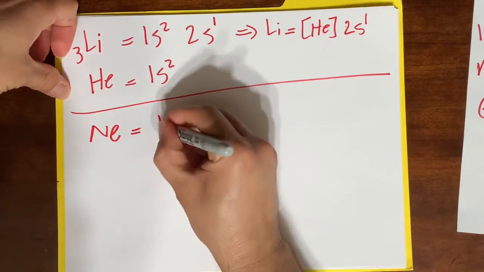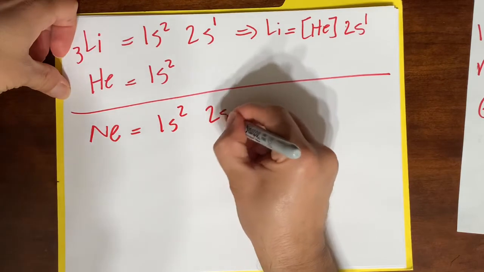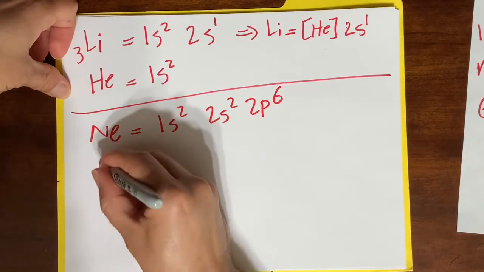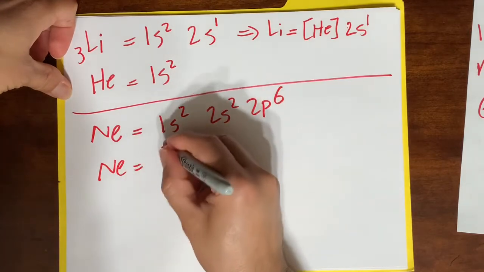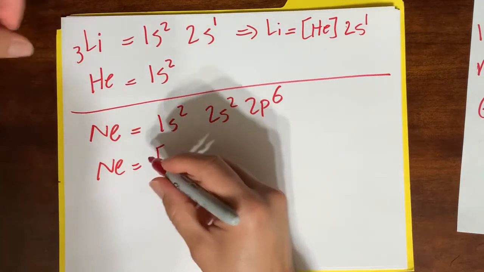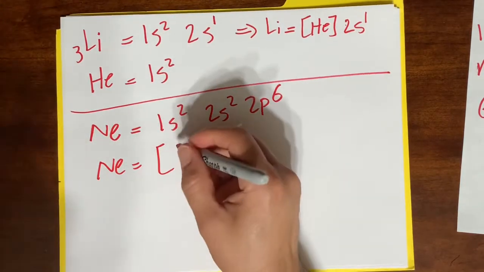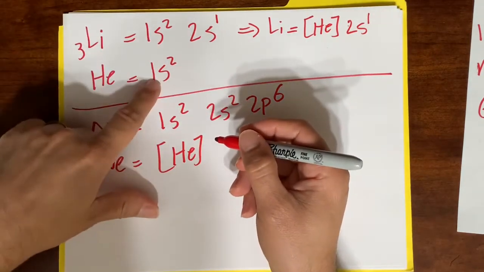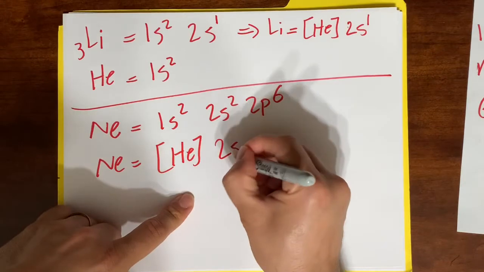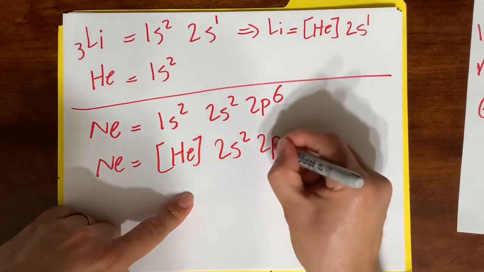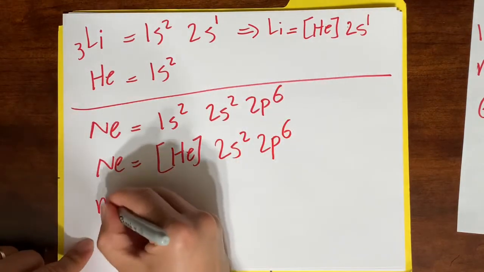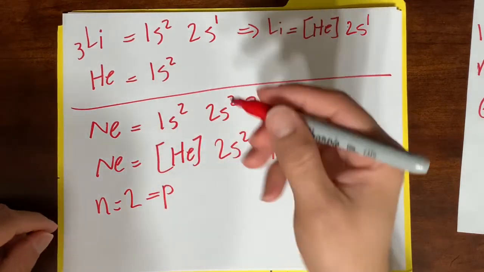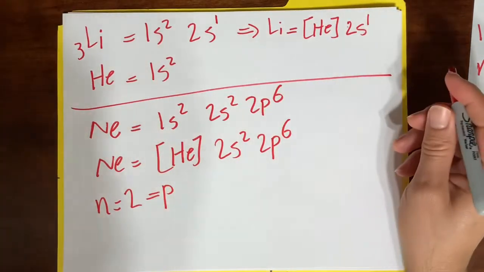Neon is 1s2, 2s2, 2p6. For the short electron configuration for neon, you go with the previous noble gas, the noble gas before neon, which is helium, and helium takes 2 electrons. So now you go with 2s2, 2p6. Highest n equal to 2, so this element belongs to the second period.